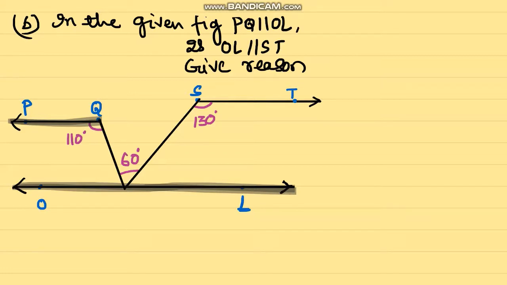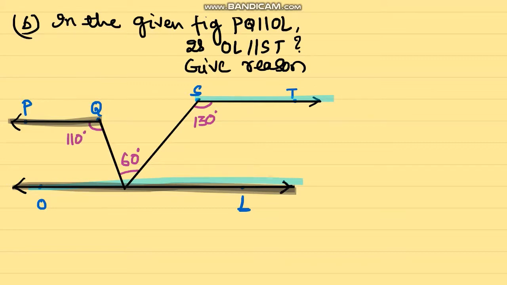Now you have to find out whether this OL is parallel to ST. And after finding out, you have to find out the reason also. Why is it so? Okay. So see children, whatever things are given here, we have to use those things and find out whether your ST is parallel to OL.